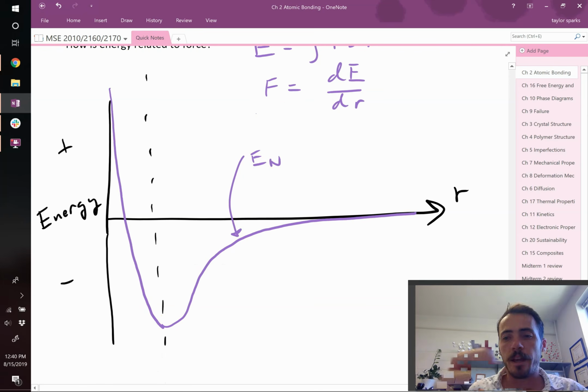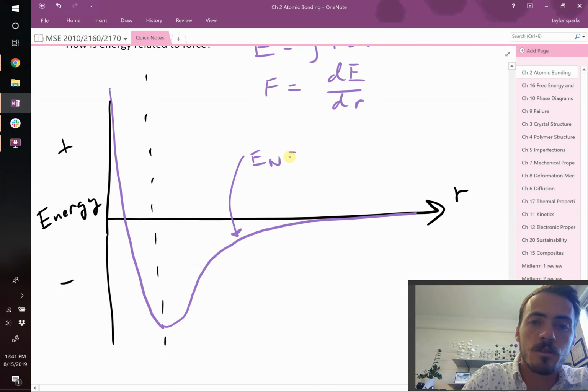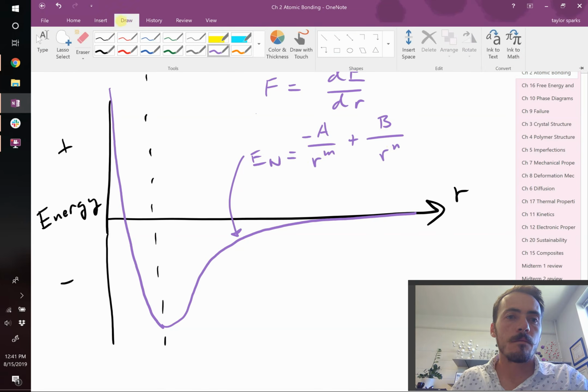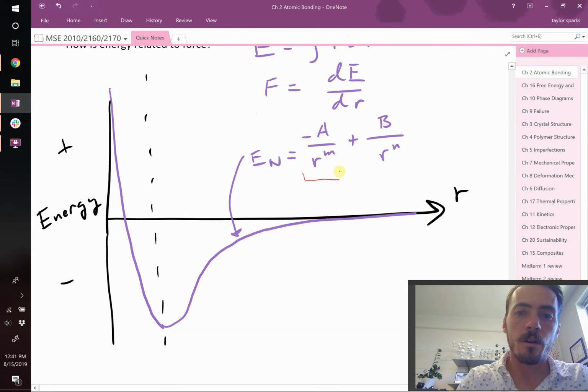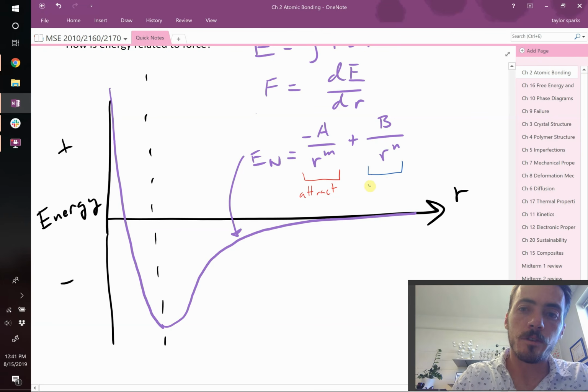That's the net energy curve, which, again, we could say is equal to an attractive energy plus a repulsive energy, just like before. So we're going to write this out and say that it's equal to negative A divided by R to the M plus B divided by R to the N. Where again, this was our attractive energy, and the other one represents repulsion, because one's positive and one's negative.